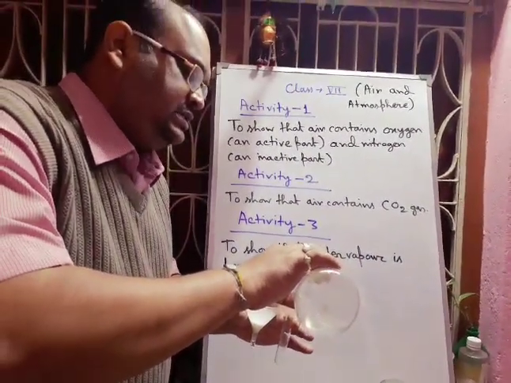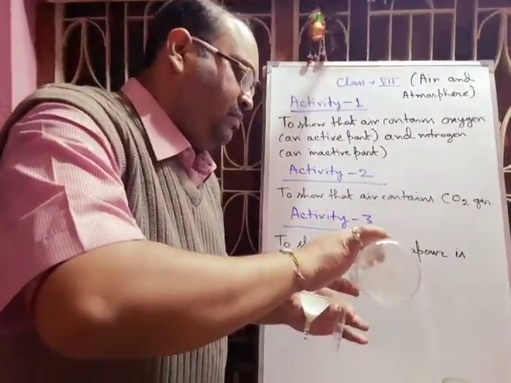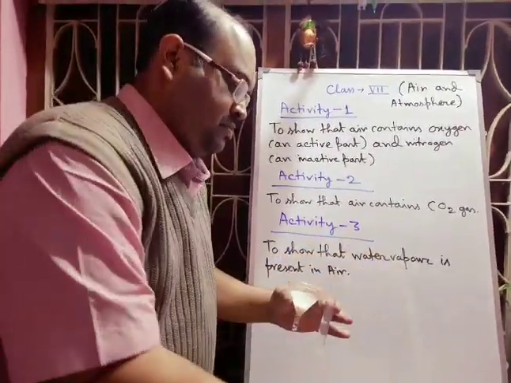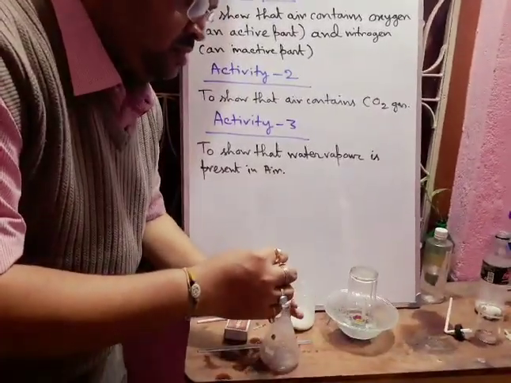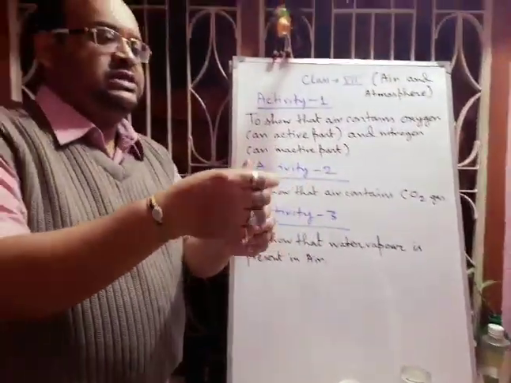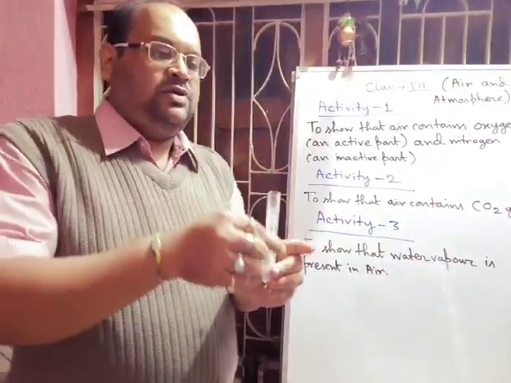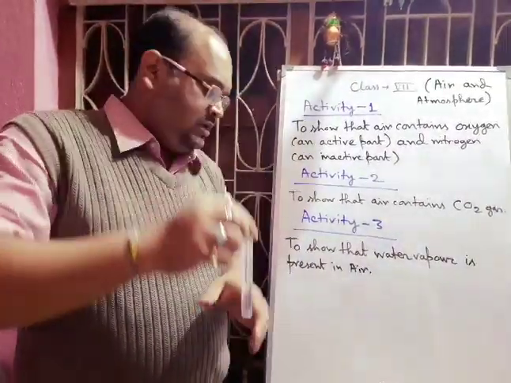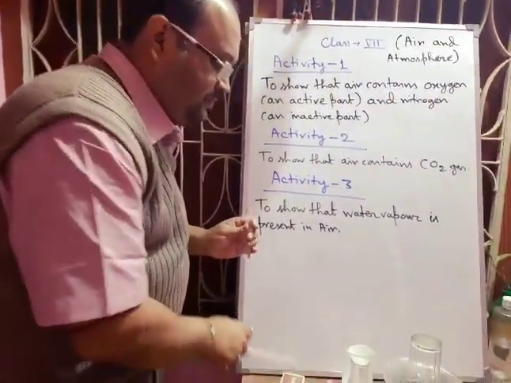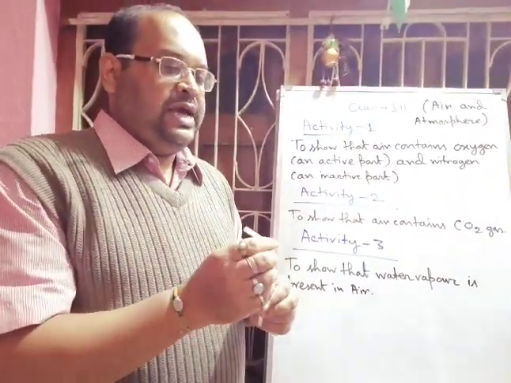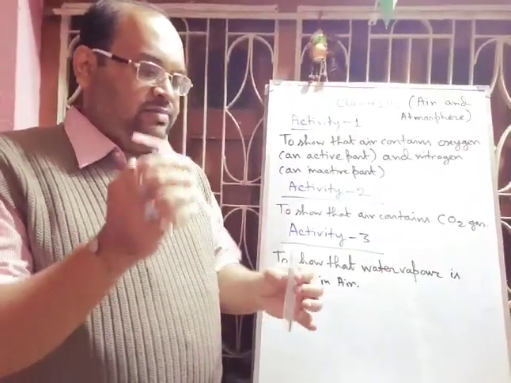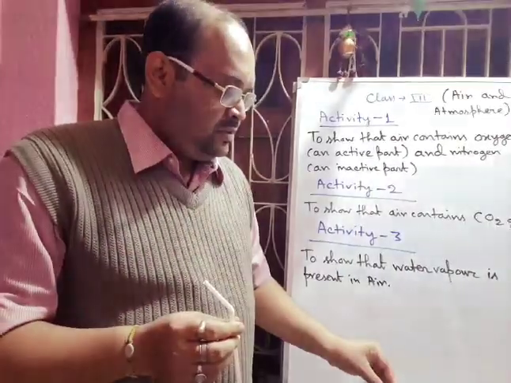Transferring inside this test tube. So this is lime water, and now you see this is clear. Now we will pass some carbon dioxide. That means we have to pass some air, air containing carbon dioxide, by bubbling it.